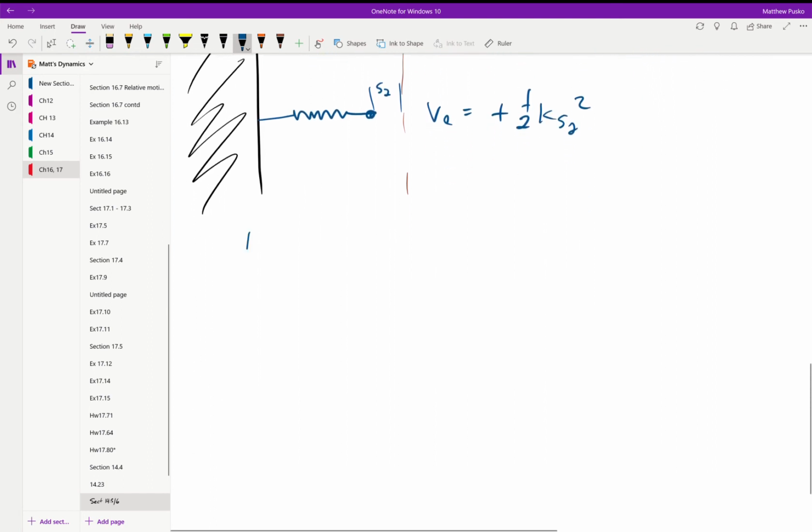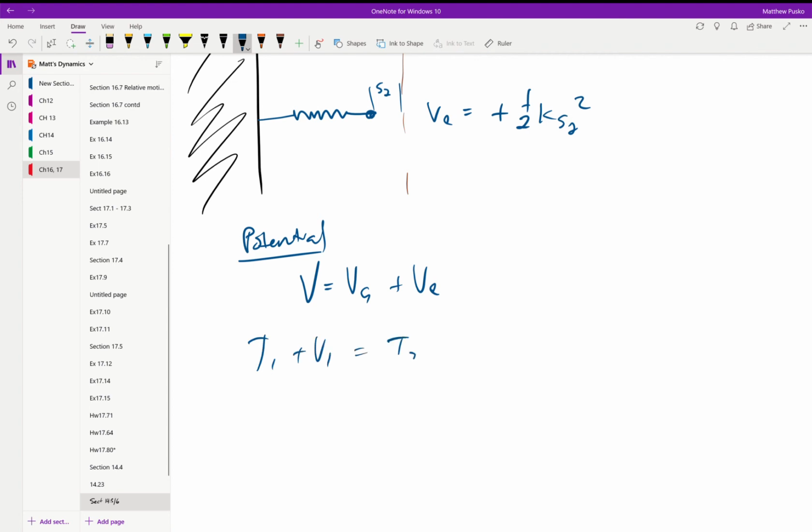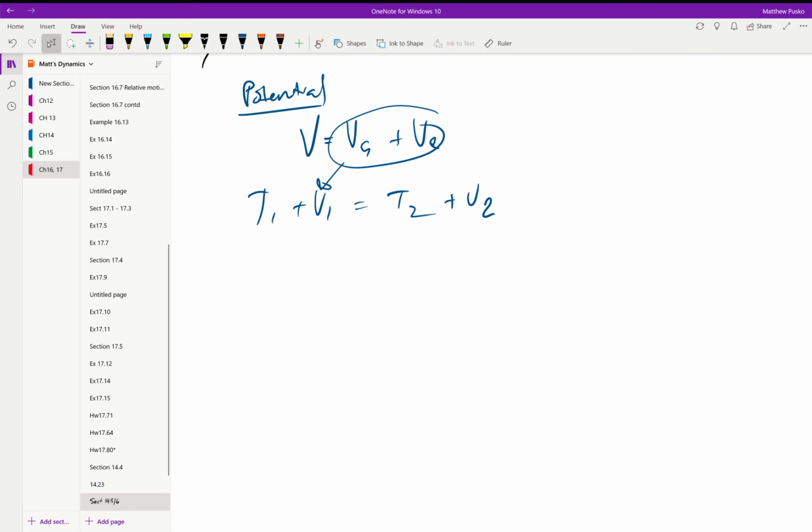It goes over then what's called a potential function. All that's really doing is combining the gravitational potential and the elastic potential, so that when we write T1 plus V1 is equal to T2 plus V2, we need to make sure we include both of those. I typically write out all the terms, even if I don't need them, just to make sure I don't miss something. This is our T1.